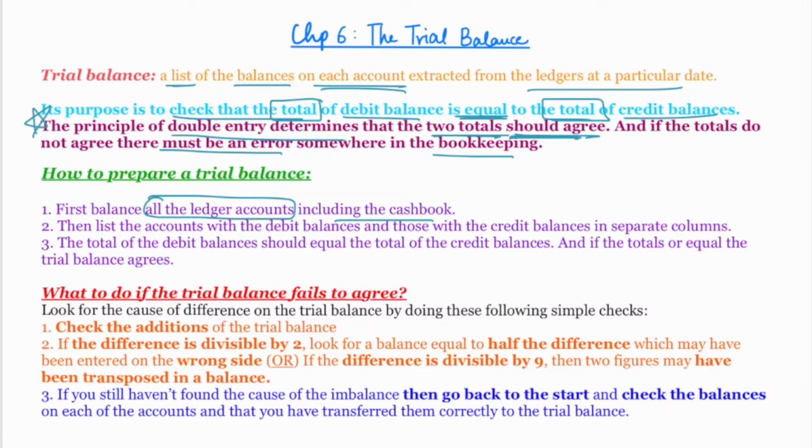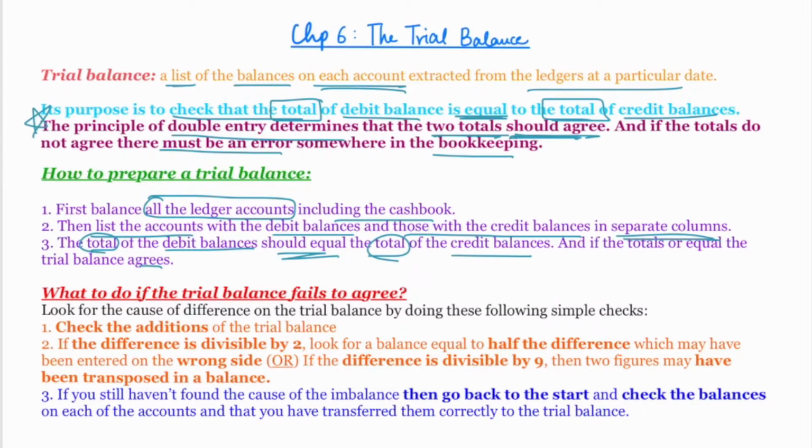Then, list the accounts with the debit balances and those with the credit balances in separate columns. Then, take the total of the debit balances and it should equal the total of the credit balances. And if the totals are equal, then the trial balance agrees.